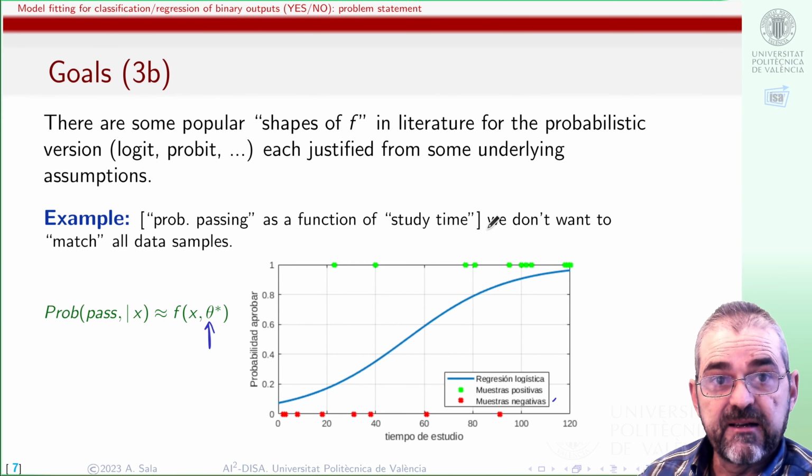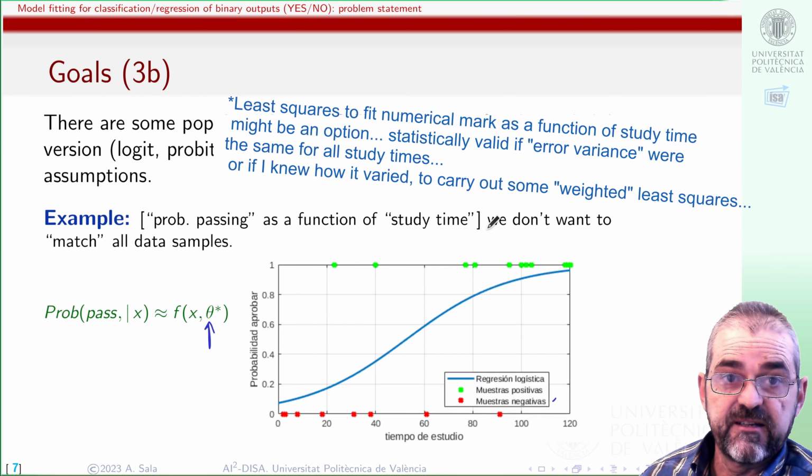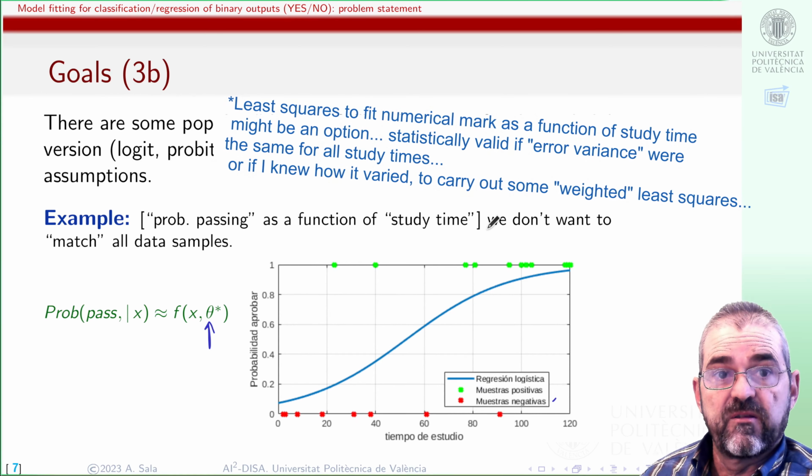Maybe if the student passes with 8 out of 10 or 8.2 out of 10, and I were fitting the actual numerical result from 0 to 10 of my student, then least squares may be an option with this statistical interpretation of some variability.